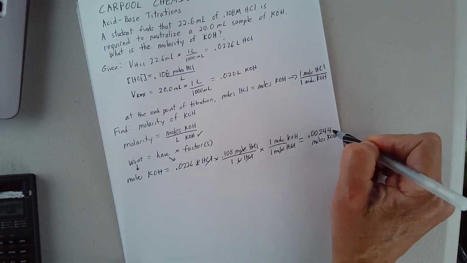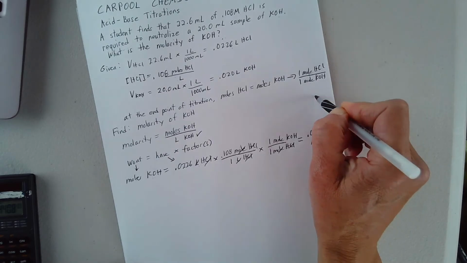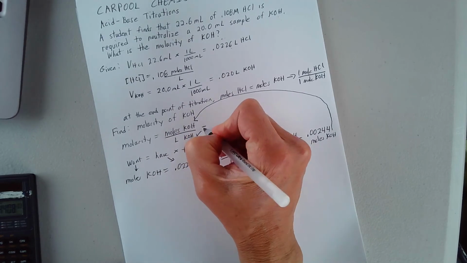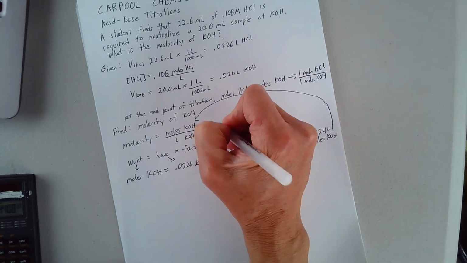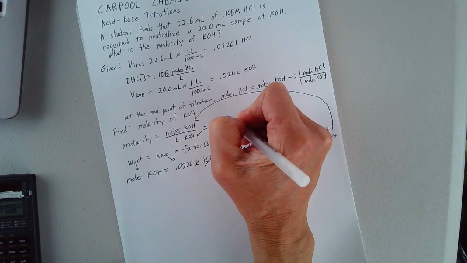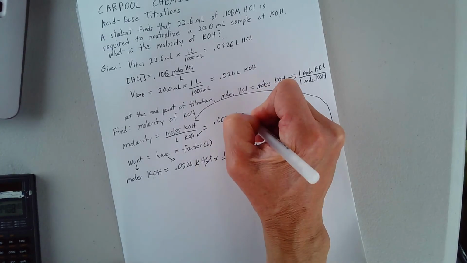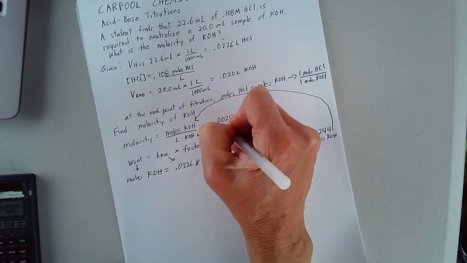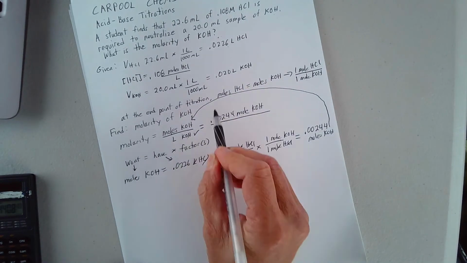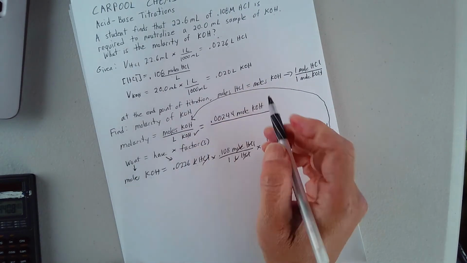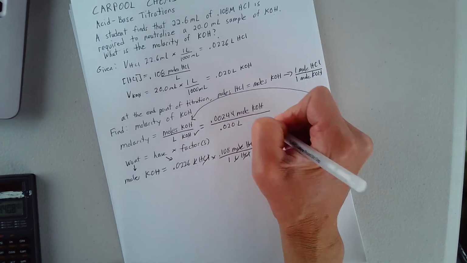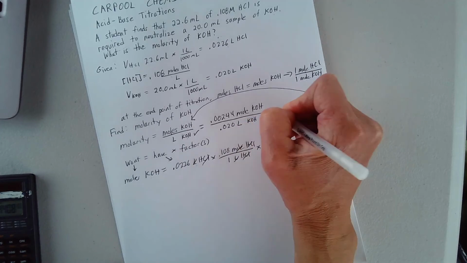Well, now that we know the moles of KOH, we can go ahead and put it into this equation right over here. And that's equal to 0.00244 moles of KOH per, and how many liters of KOH solution is given to us? It's 0.020 liters of KOH.